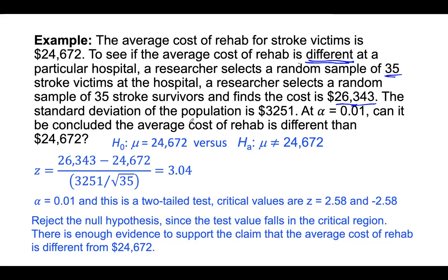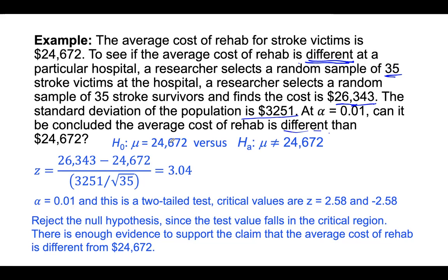The standard deviation of the population is given, and alpha is equal to 0.01. Can it be concluded that the average cost of rehab is different than 24,672?